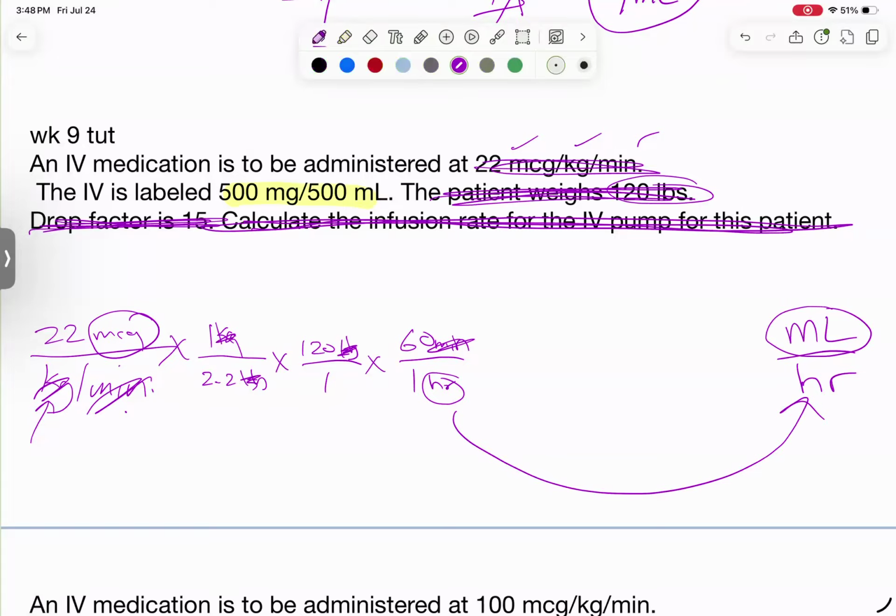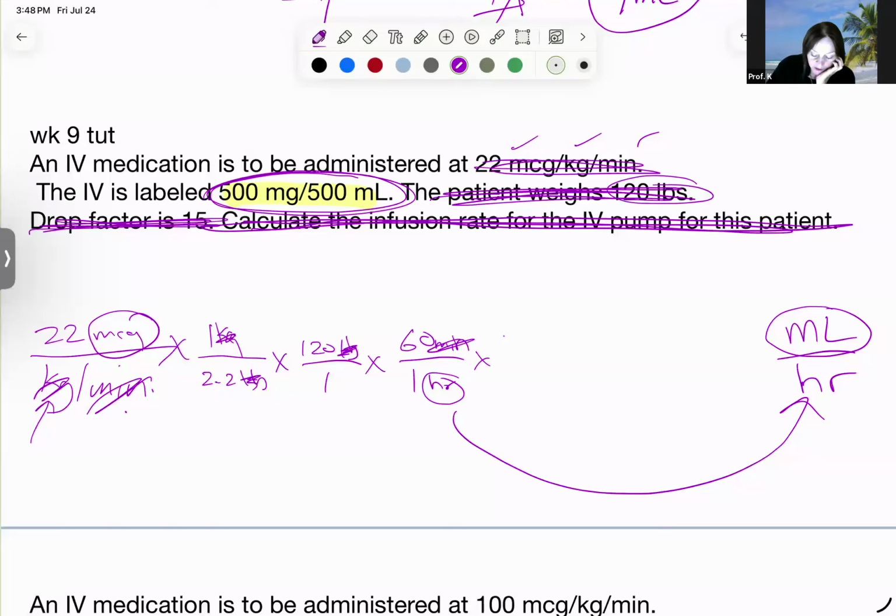I haven't used the concentration, so I have to change micrograms to milligrams, right? Because the only thing left is this in my problem, 500 milligrams in 500 milliliters. So I have to do a conversion. 1 milligram is 1,000 micrograms. Cross off my micrograms. So now how do I get rid of the milligrams?